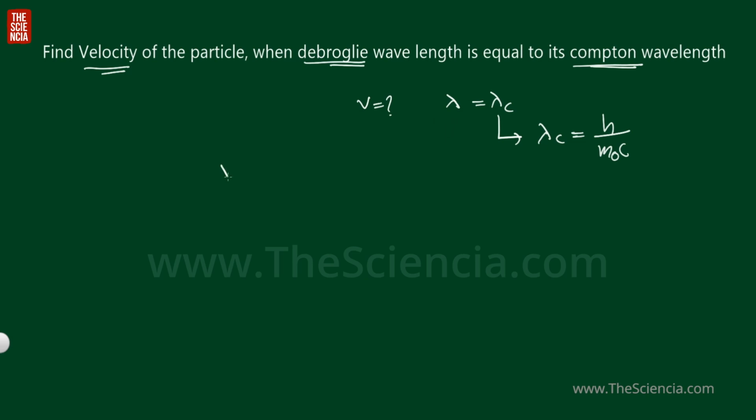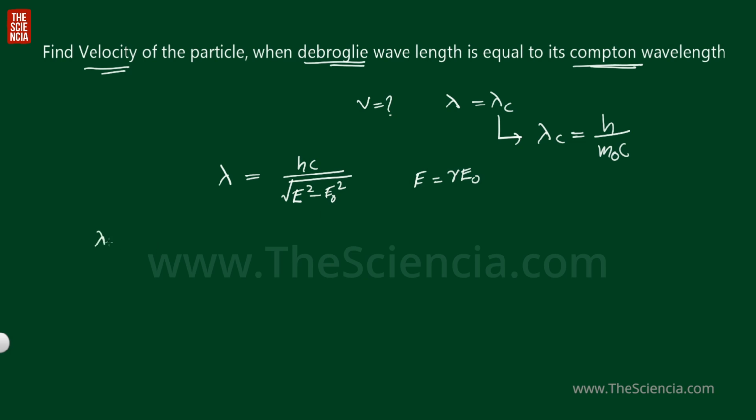So where do we have to start? We are starting from the equation for the wavelength of the relativistic particle. That is, we know lambda is equal to hc by root of E square minus E0 square. And we know E is equal to gamma E0. Right.